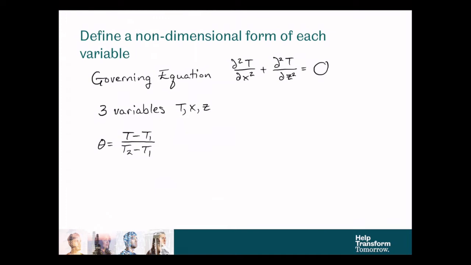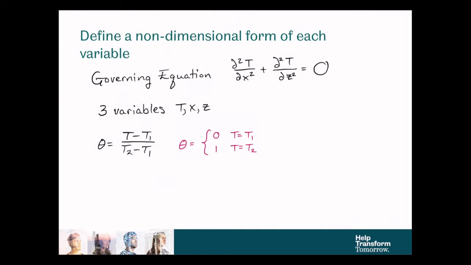In this problem, T1 and T2 are both characteristic temperatures. And so when you have two characteristic boundary values, it's quite common to take the difference between them as the denominator in your non-dimensionalization. Why we've chosen this particular form of theta is because when temperature equals T1, theta equals 0.